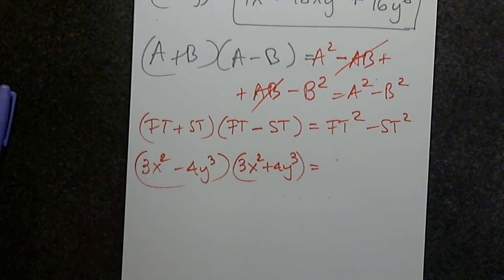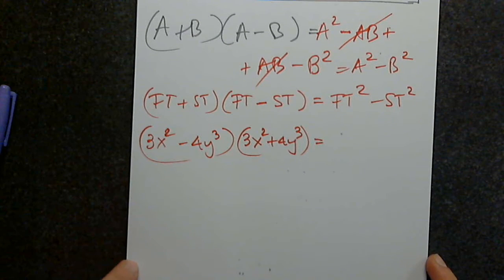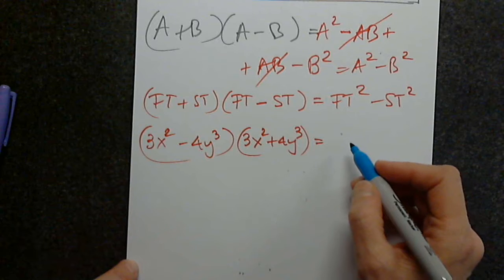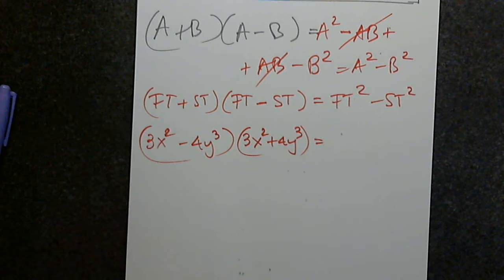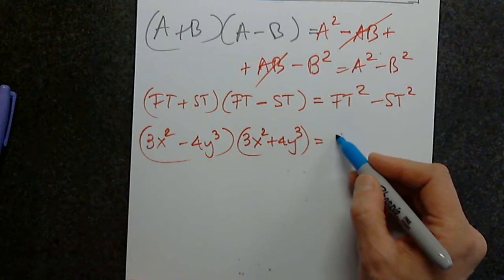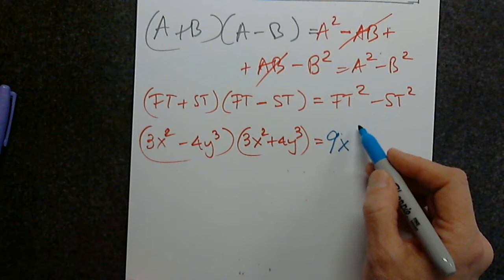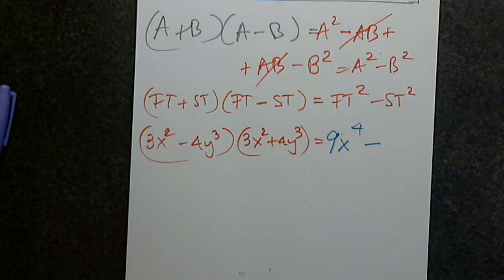Good. So now what will you do to get the answer? Multiply. First term squared, which is 3x squared. Careful. We have to square everything. Sorry. That will be then 9x to the fourth. Perfect.